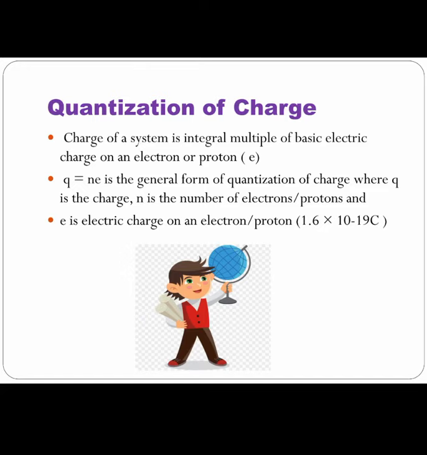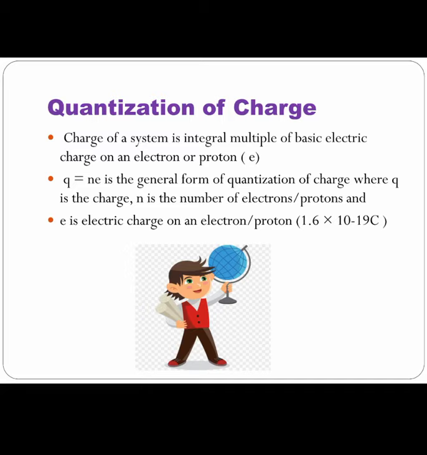Let us take an example. The charge of an electron is written as minus e, and the charge of a proton is written as plus e. The total charge of an object is equal to the algebraic sum of the individual charges present within the object.